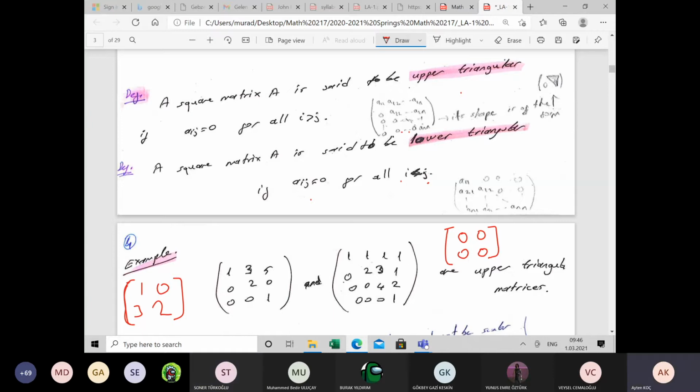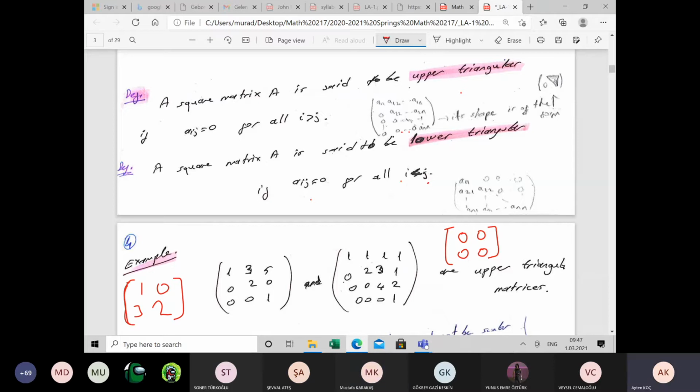In general, what can you say about a matrix that is both upper and lower triangular? Complete this sentence. Our matrix that is upper and also lower triangular should be a zero matrix, and square.